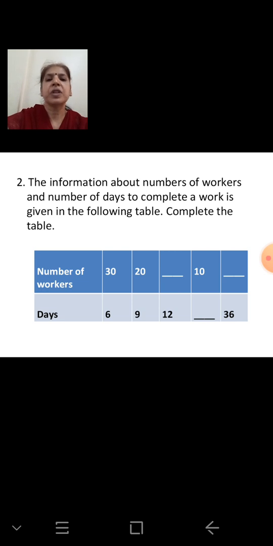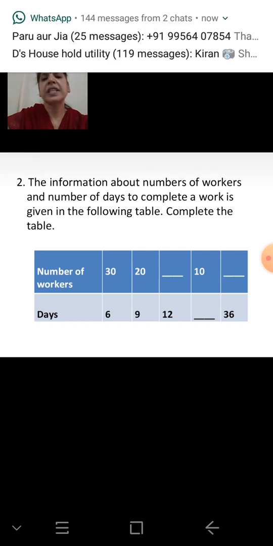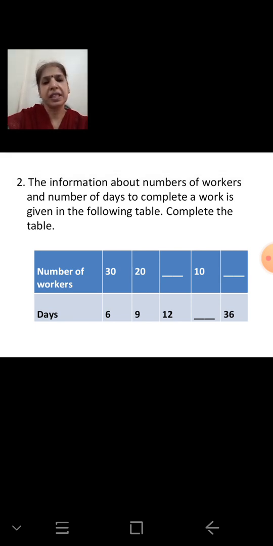Now here we have to solve this. The information about the number of workers and the number of days to complete a work is given in the following table. Complete the table. Here the table is given. And what is given? Number of workers and the number of days to complete a work. Now keep in mind, a work means the work is the same.